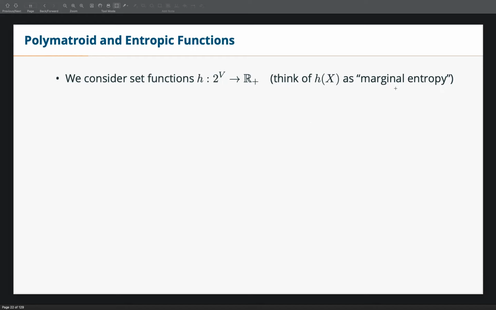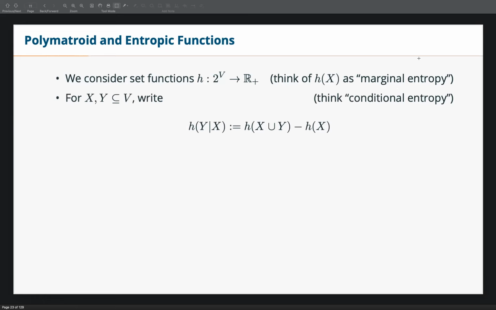Last time Dan defined entropy already, but very roughly speaking, you should think of entropy on a set of variables X as the degree of uncertainty you have on this set of variables X. And then there's this really important quantity, the conditional entropy.